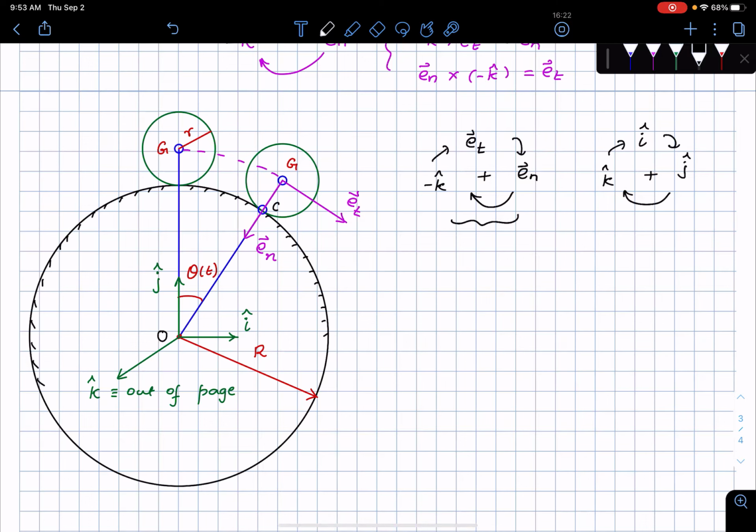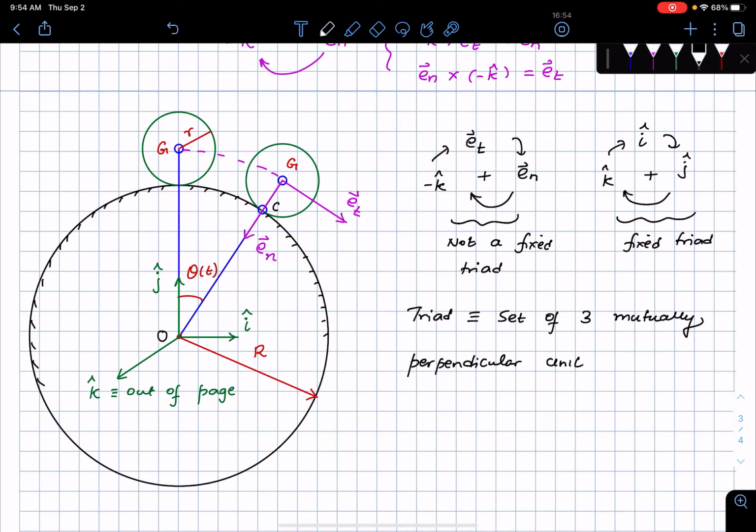So these are my triad. This is a triad that changes with time, so this is not a fixed system. This is a fixed triad. A triad is a set of three mutually perpendicular unit vectors, which means that they form an orthonormal basis.